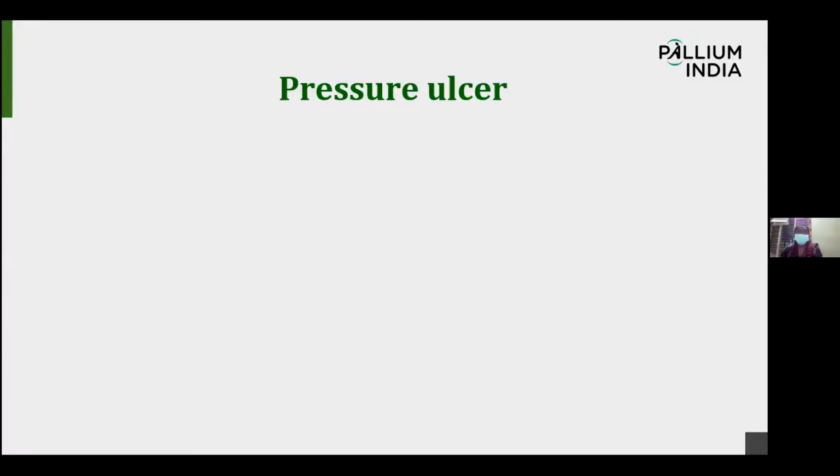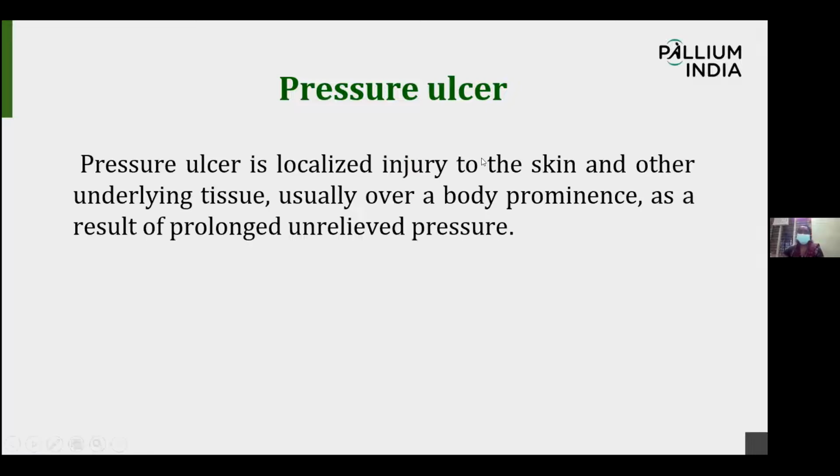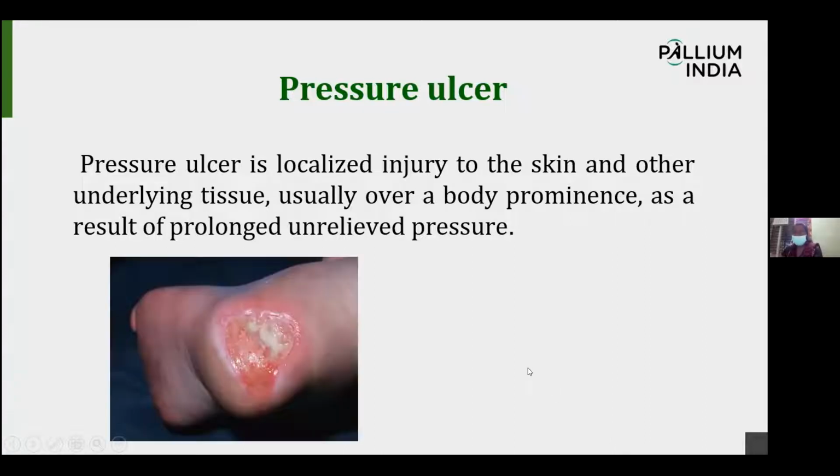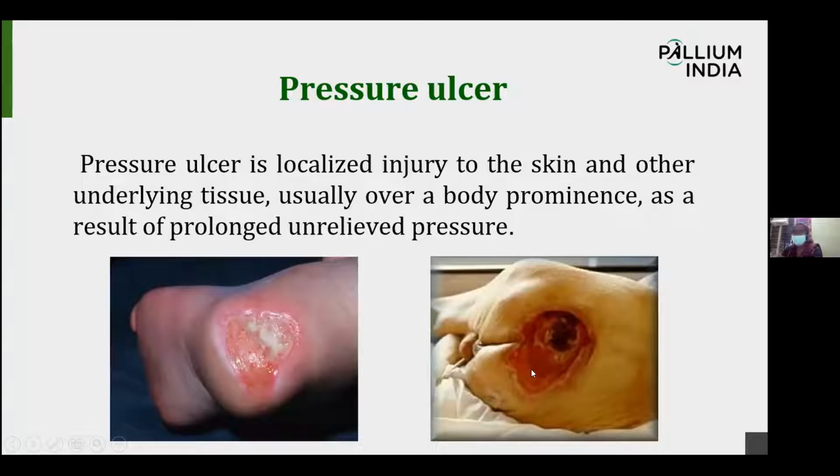So pressure ulcer is a localized injury to the skin and other underlying tissue, usually over a bony prominence, as a result of prolonged unrelieved pressure. So if there is prolonged unrelieved pressure there is a chance of getting pressure ulcer, especially on the bony prominence, but it can occur anywhere. Okay, so this is pressure ulcer.